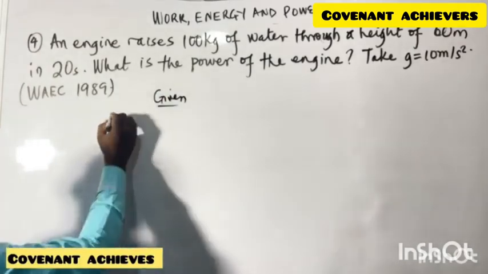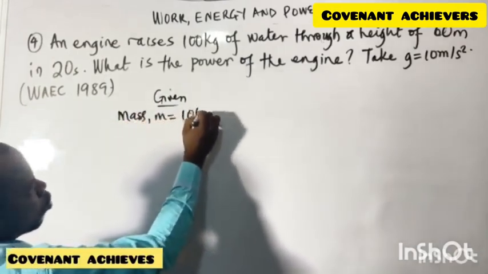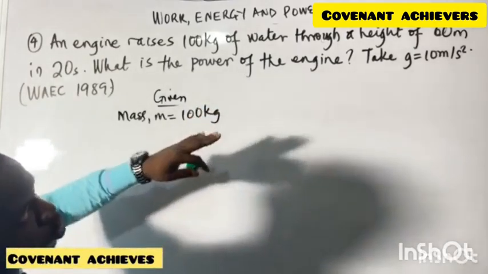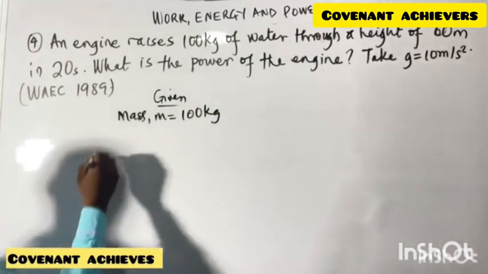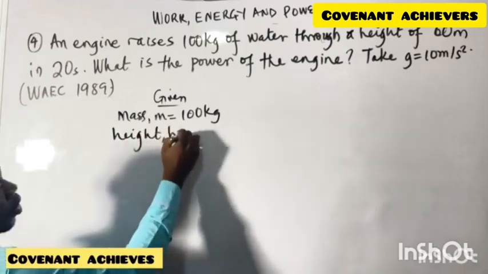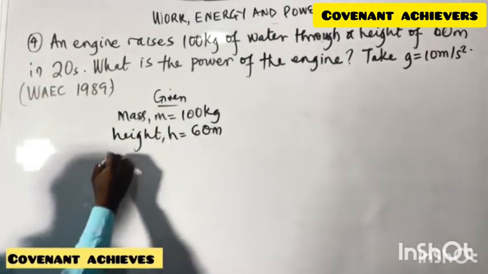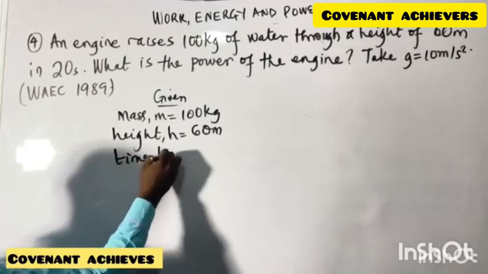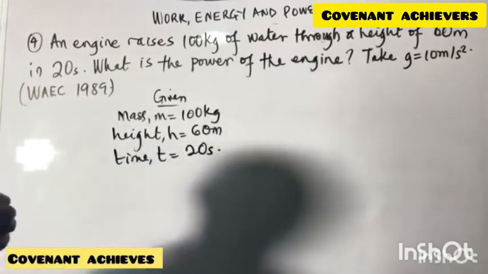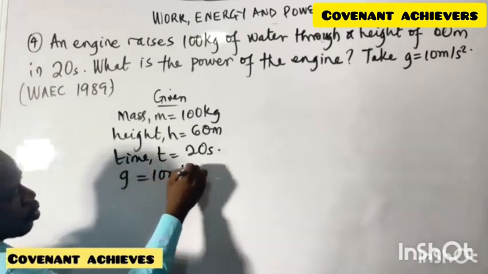We are given the mass, M equals 100 kilograms of water, through a height h of 60 meters, in 20 seconds, time t equals 20 seconds. What is the power of the engine? And we are given g to be equal to 10 meters per second squared.